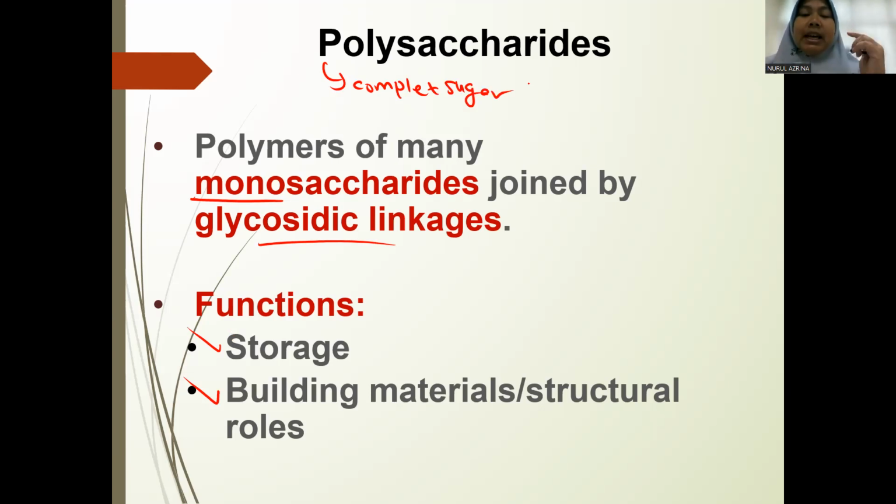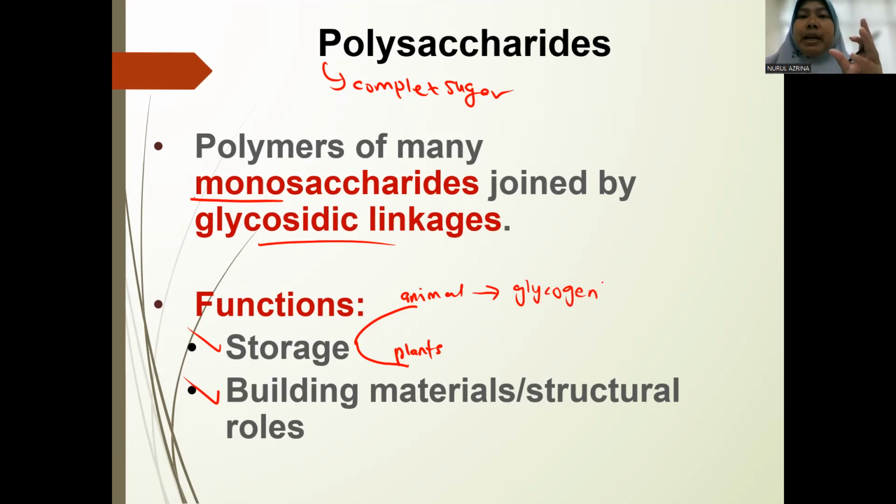So first, it is important for storage. Let me explain a little bit. Storage here we are referring to the storage ataupun simpanan gula in animal and also in plants. For animal, the storage polysaccharide ialah dalam bentuk glycogen.